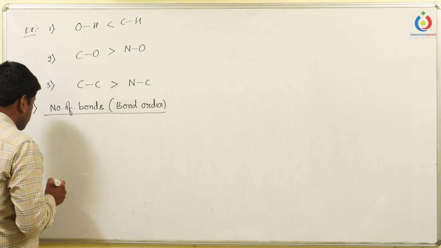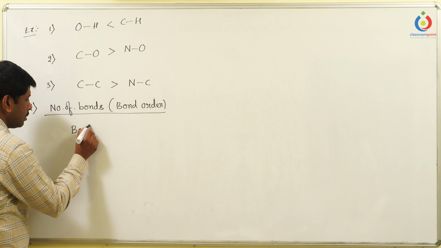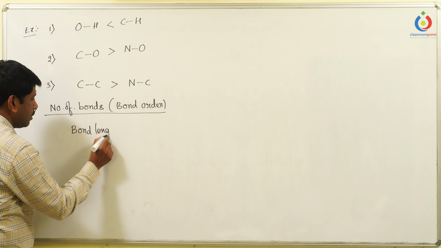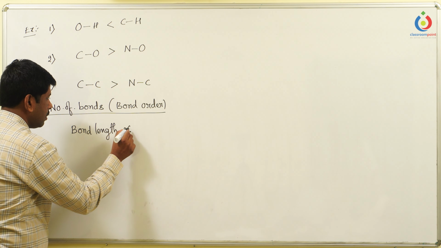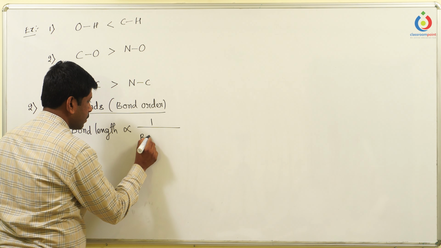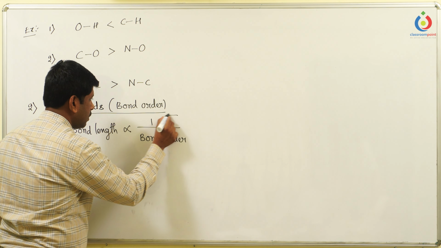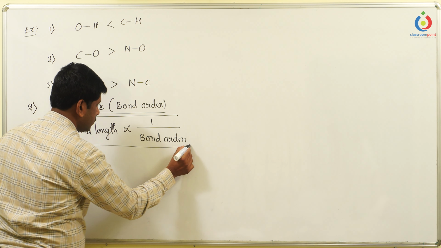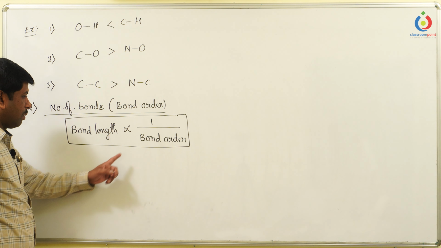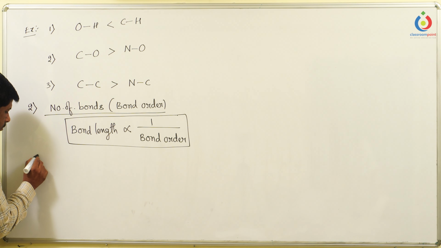Now let us take an example here. So here we can write down the relation: bond length is inversely proportional to bond order. So when the number of bonds increases, bond length gradually decreases.